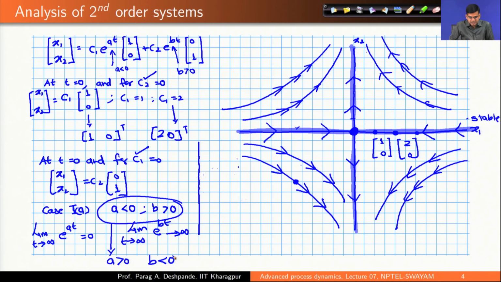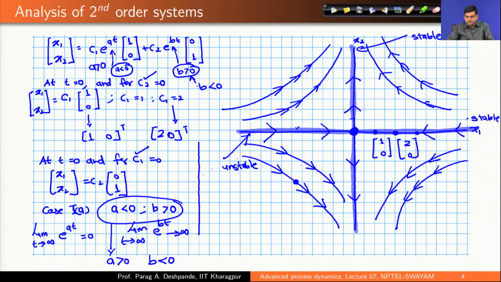This axis, where a is greater than 0, will become the unstable axis in the second case, and here b becomes less than 0, so this axis now will become the stable axis. I leave this as an exercise for you to determine the direction of the arrows. In fact, all the arrows will have exactly the opposite direction.